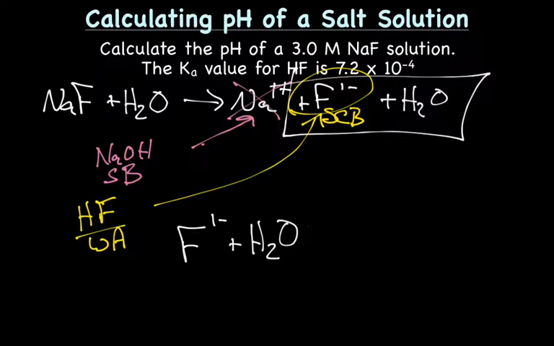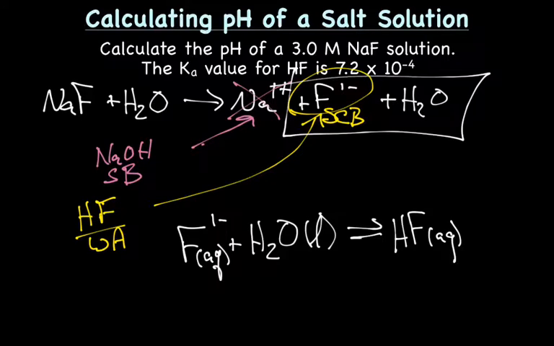And I guess I should put in the states. This is obviously going to be aqueous. Water is liquid. And that's going to give us the acid HF, aqueous, and some OH 1 minus ions, which are also aqueous.